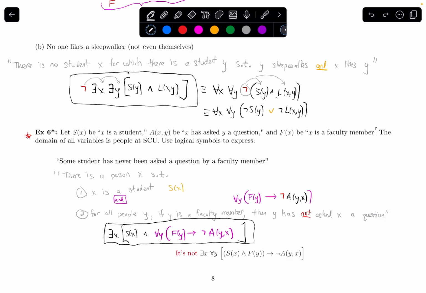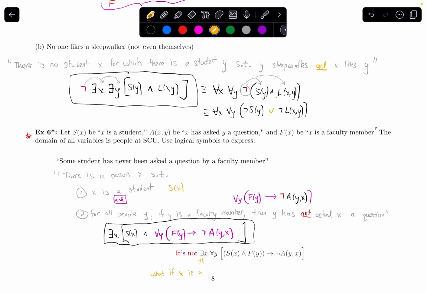Okay, if I really want to break it down more precisely, I have this there exists X here, and there's a way I can pick an X value that's going to make this if part be false. Because if I think about the S of X part, that's saying X is a student. But what if X is not a student, which could happen?